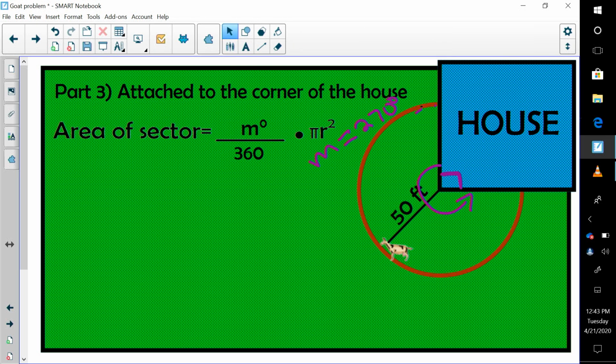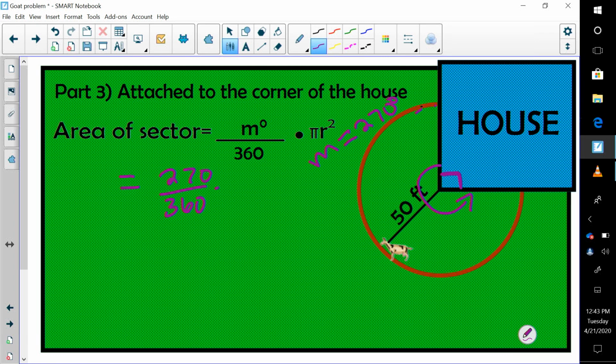So we have the area of a sector equals the number of degrees over 360 times pi r squared. Our number of degrees is 270 over 360 times pi times 50 squared. 270 over 360 simplifies to the fraction 3/4. So we have 3/4 times 2,500 pi, which is 1,875 pi.